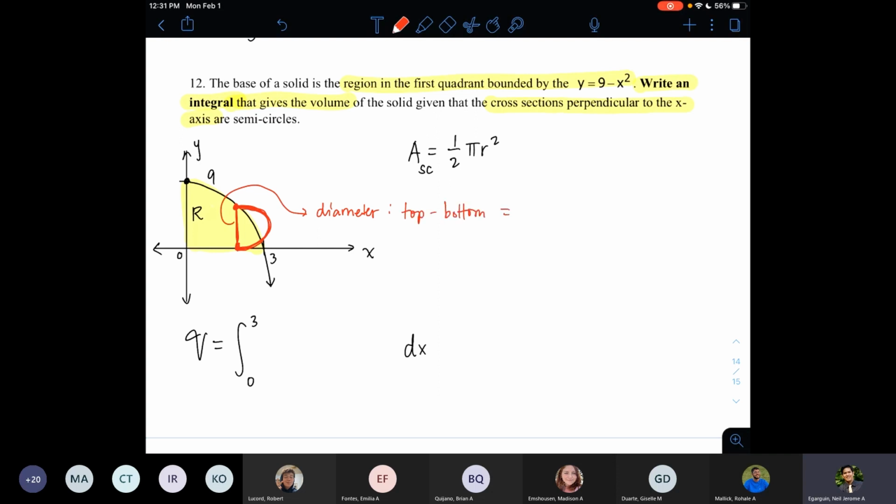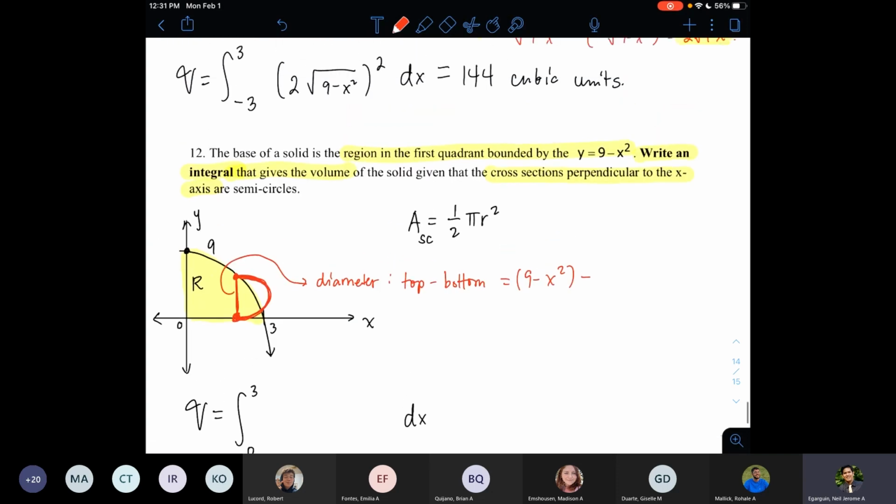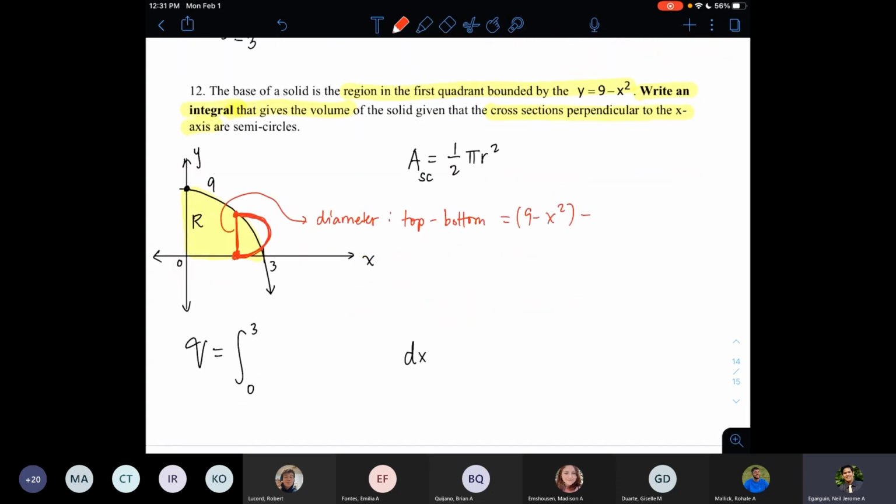The top function corresponds to the parabola 9 minus x squared, minus the bottom function, which is the x-axis, the line y equals 0. That's why I have a minus 0 here. So that's 9 minus x squared. But be careful here, that's the diameter. So the radius would be half of that, 9 minus x squared all over 2. So that's the formula for the radii of the cross sections.